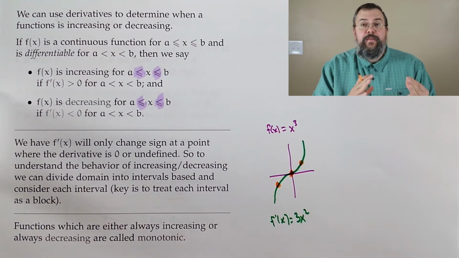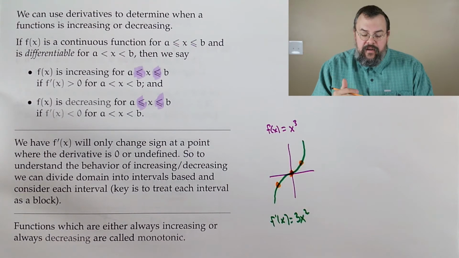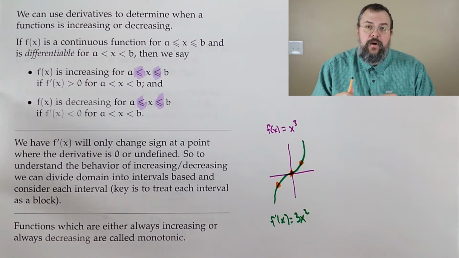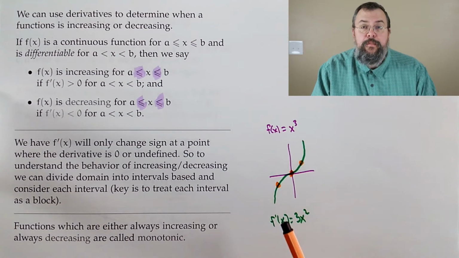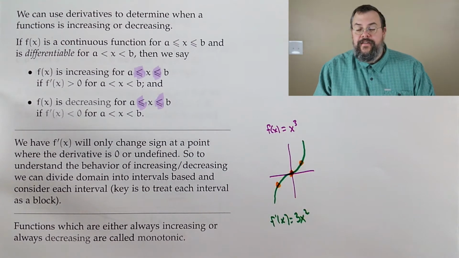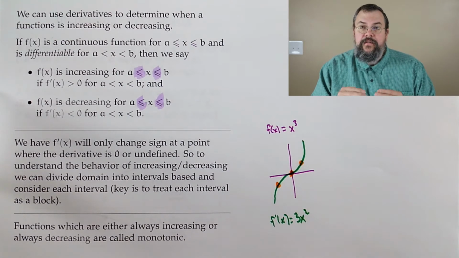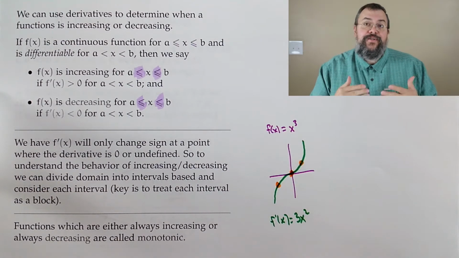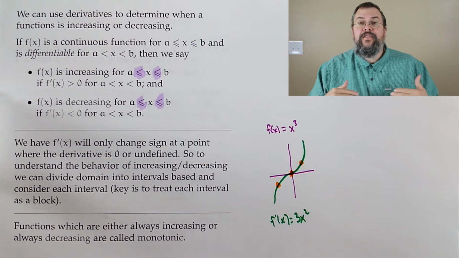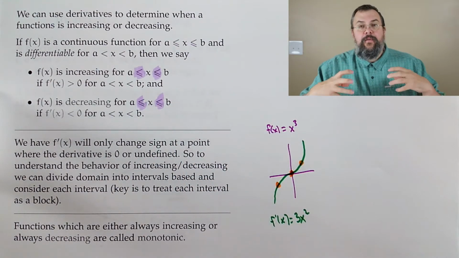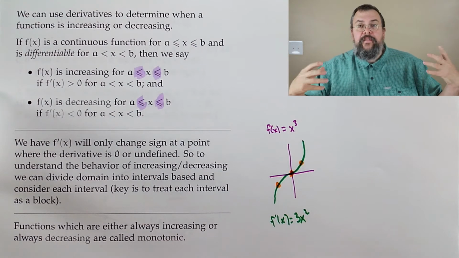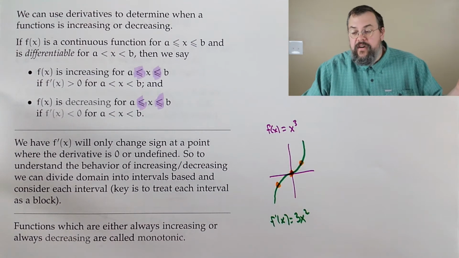So no matter which 2 pairs of points I pick, it's always the case that the one further to the left is going to have a lower output than the one further to the right. So that's the case where, okay, the derivative is 0, and it makes sense to include 0 as to where it increases. So this increases everywhere. So that's why we include the endpoints, because it's always about, well, what happens at the endpoint? So oftentimes those are places where the derivative might be 0.